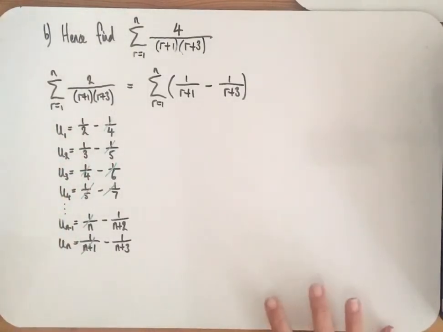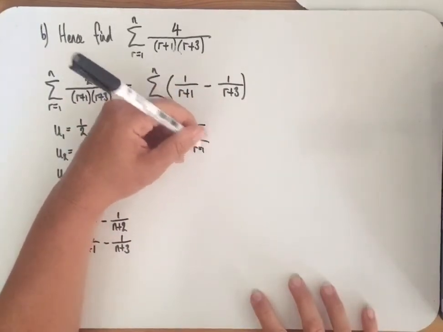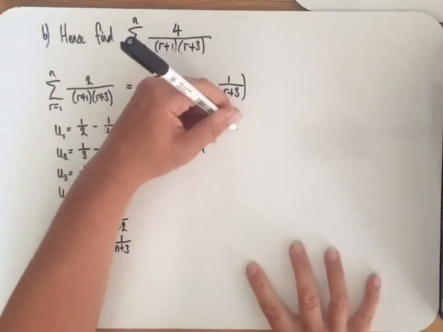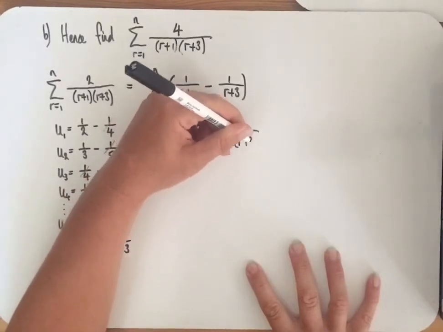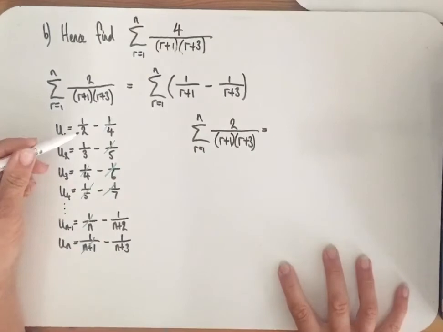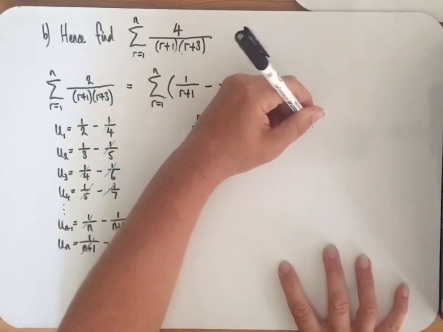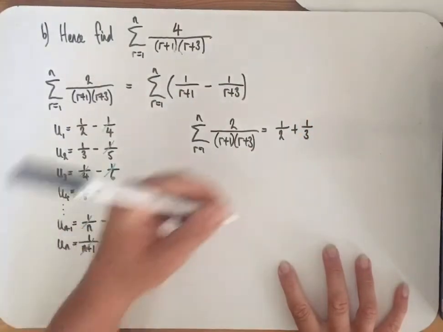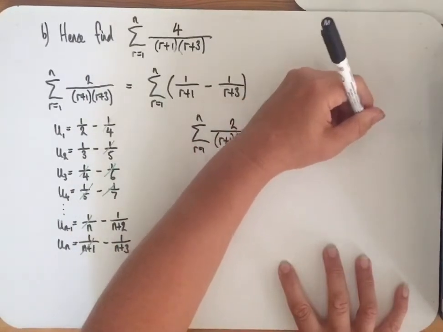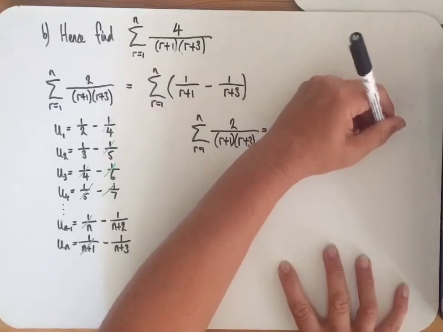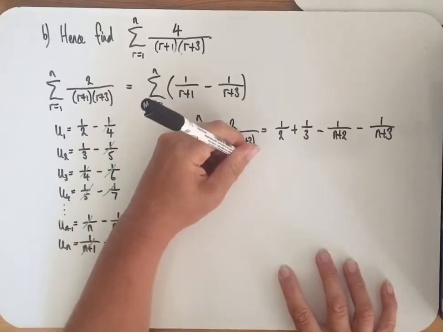So the sum, let's see if I can squeeze this on here, r equals 1 to n of 2 over (r+1)(r+3) is going to equal a half plus a third minus 1 over n plus 2 minus 1 over n plus 3, and then it's just sorting that out. So a half plus a third is 5/6.